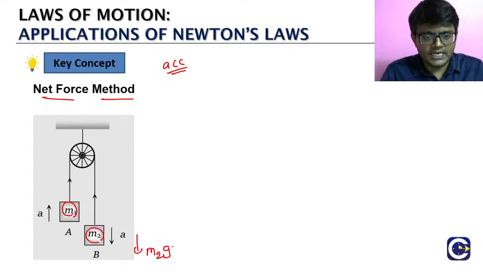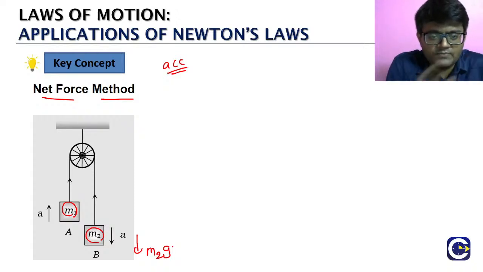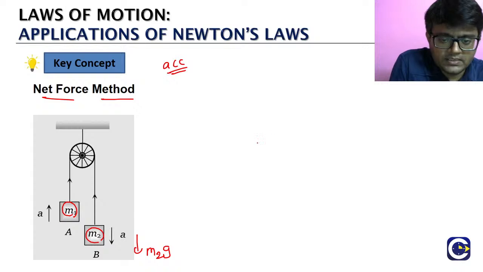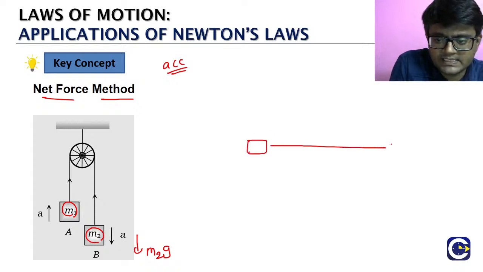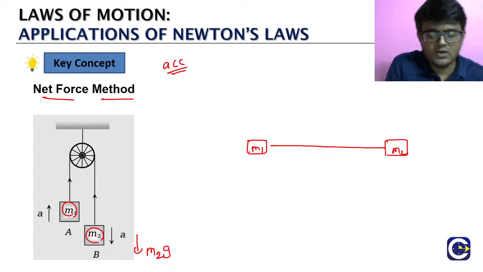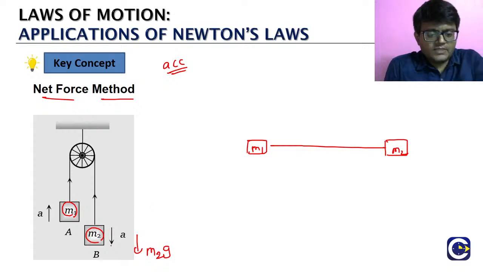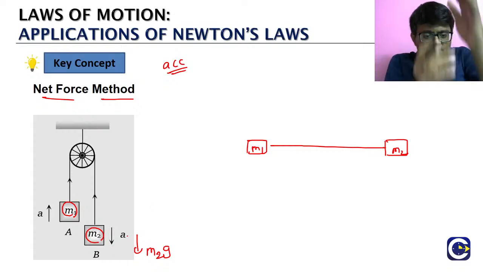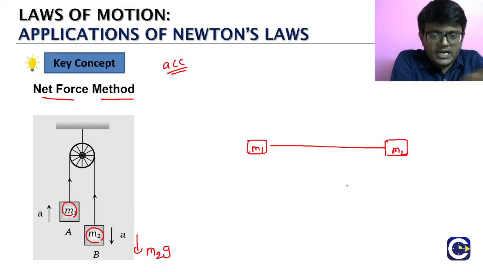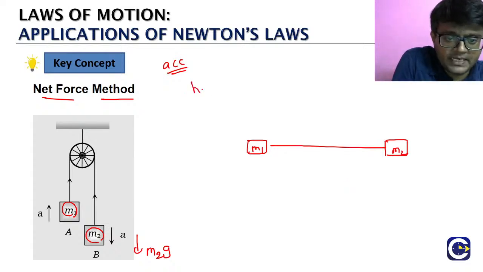Here we will not take m2 and m1 separately. We will take both of them as one system, along with the rope. Now see, there is the weight of m2 which is trying to pull it. If we represent it horizontally, see how it comes.